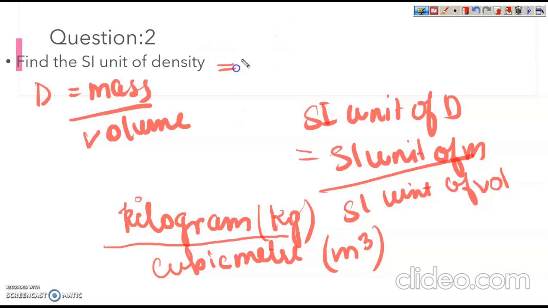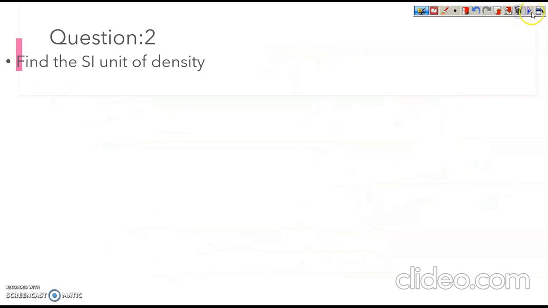So the SI unit of density is kg meter minus 3, because when it comes up. This was so easy. Now let's see the next question.